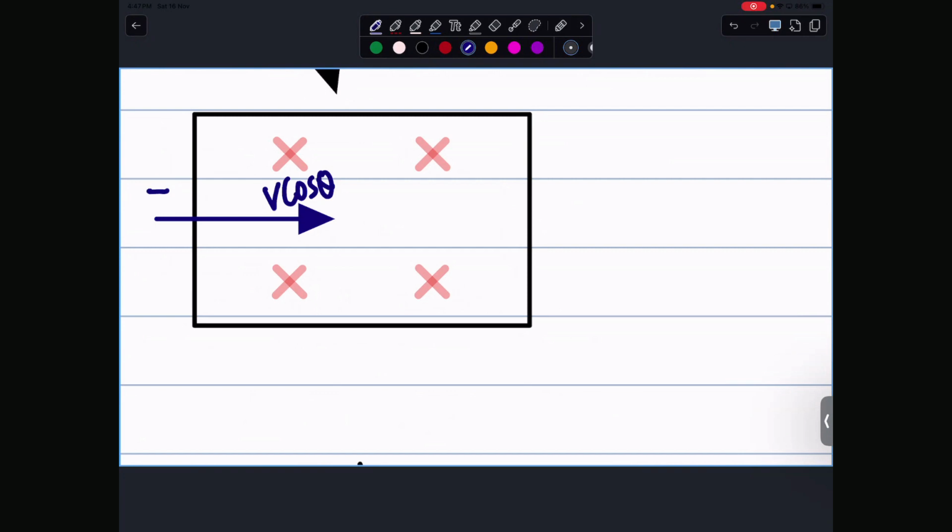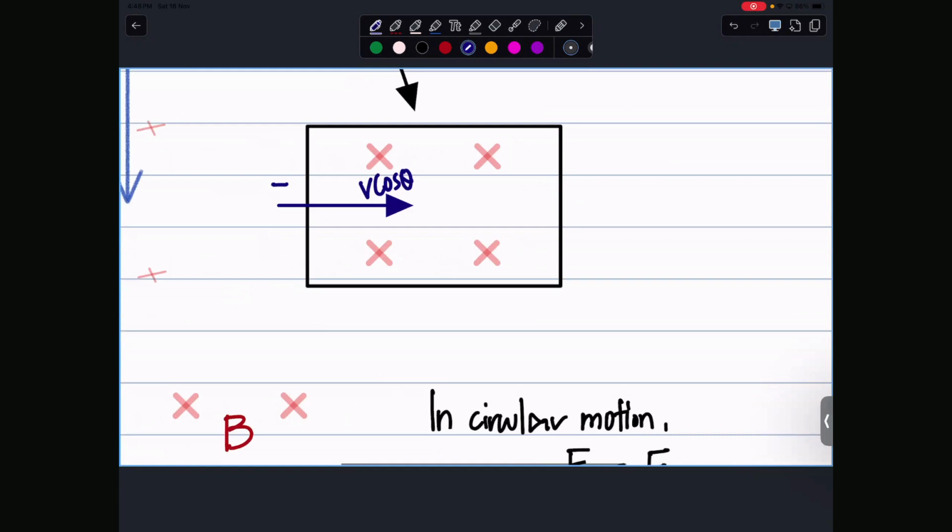So find the direction of force. Downwards. Right, FBI, current is this way, right? Magnetic flux is into the page, with my thumb pointed upwards, right? The answer is downwards, because this is what charge? Negative. So whenever it's a negative charge, what's the direction going to be? Reverse, right? Okay, anyways, now that's out of the way.